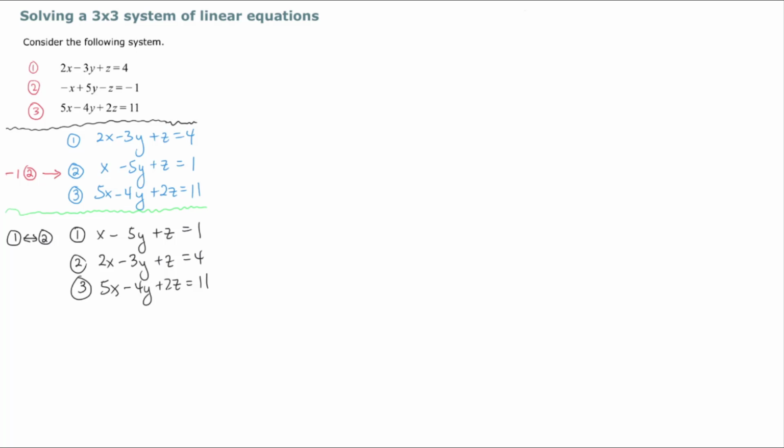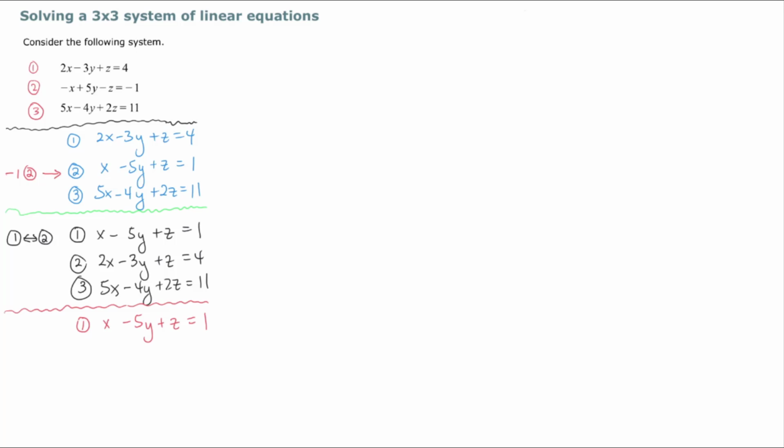Now that we have the leading 1 in the very first row, we are going to keep the first row. So I'm going to first take equation 1, take that same equation, and now we're going to use the addition method that involves equations 1 and 2, and the addition method that involves equations 1 and 3.